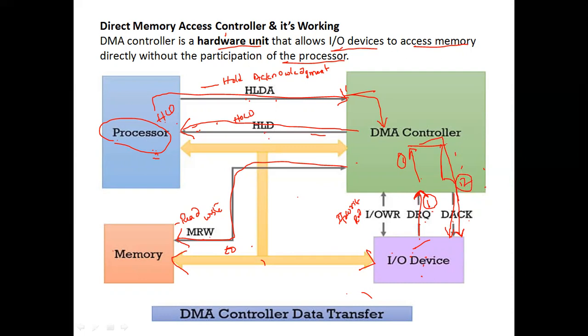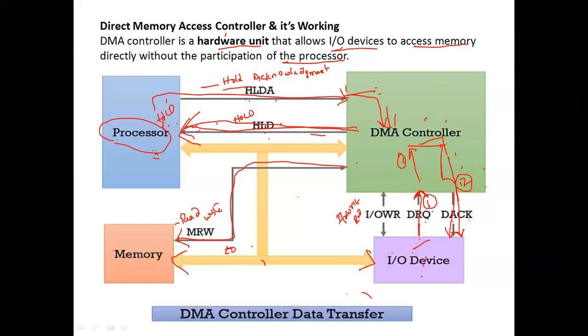Then the DMA controller sends a hold request to the processor: you hold for some time, I need to transfer some amount of data. After receiving this hold request, the processor sends an acknowledgement signal to the DMA controller that I have received your hold request, I am releasing my buses, now you take care of the buses.